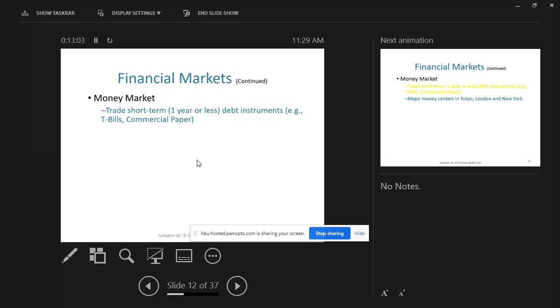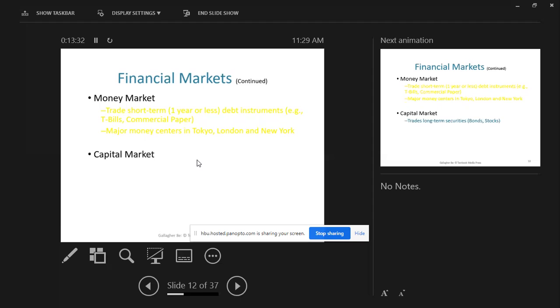They have an expiration date within 1 year, less than 12 months. That's a money market. Typically we talk about T-bills, commercial papers, and CDs. Those are short term.